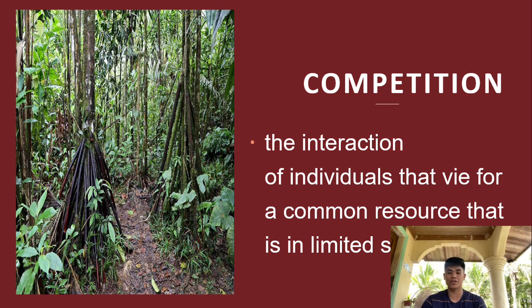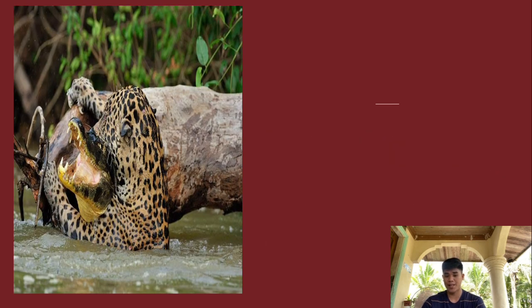What have you observed in this interaction, class? What have you seen in this picture? That's right. The jaguar attacked the crocodile in order to eat it. Who benefited from this picture? Only the jaguar.